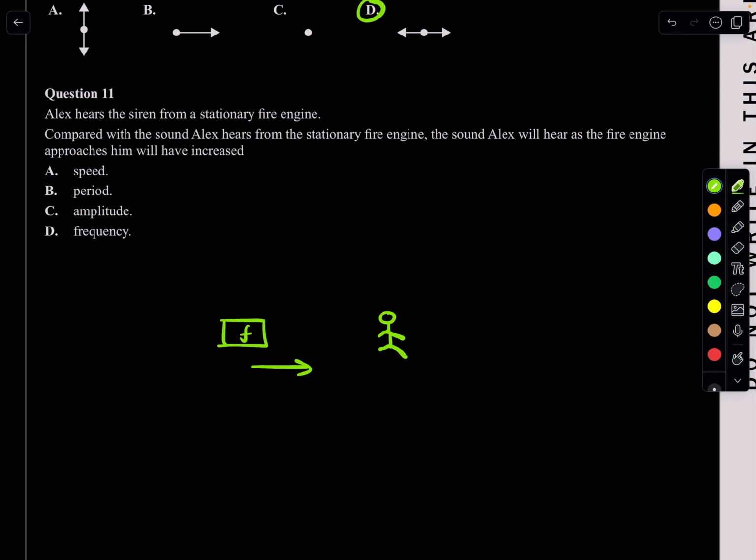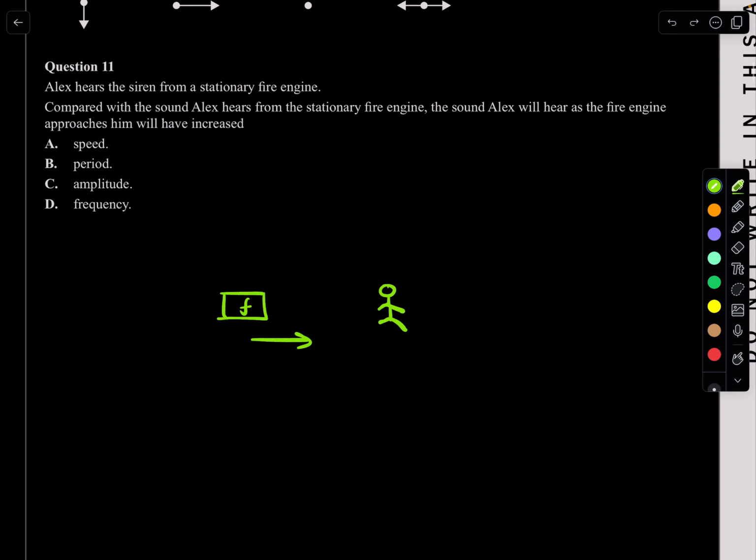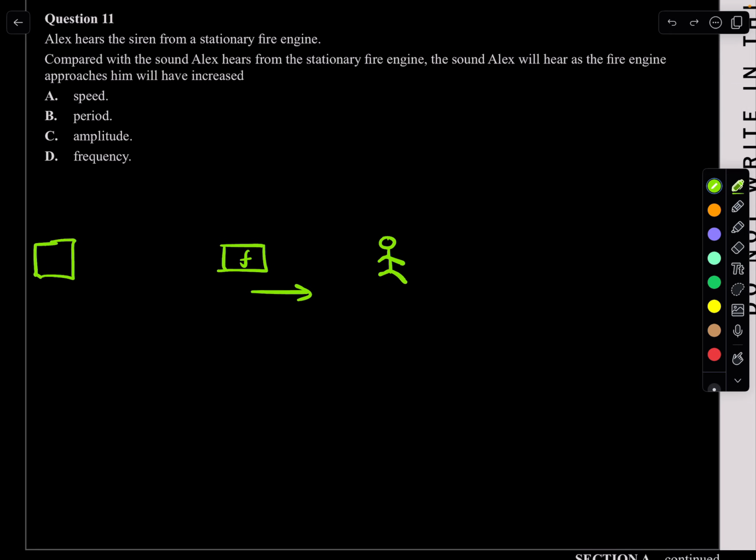As it's approaching him, what's happening is, if it was further away, these waves would have a very high wavelength. And remember, having a high wavelength means having a low frequency.